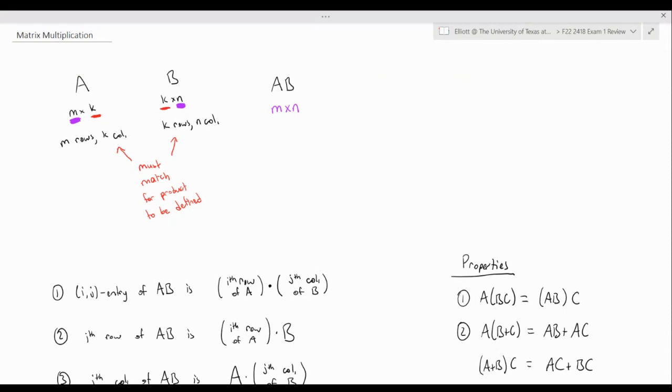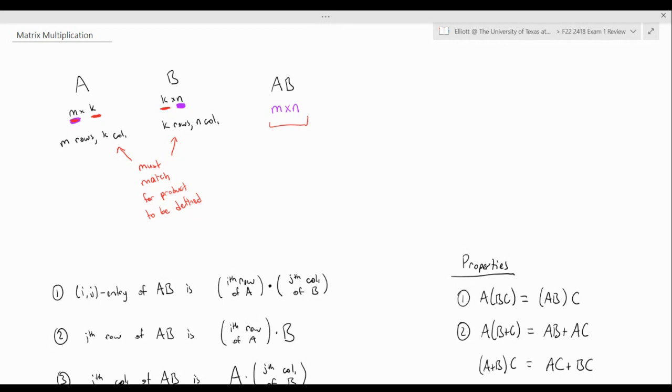If those sizes are not matching up, then the product will not be defined. And if it is possible to multiply A and B together, then it's these outer numbers, the M and the N, that tell you what the size of the result is going to be.